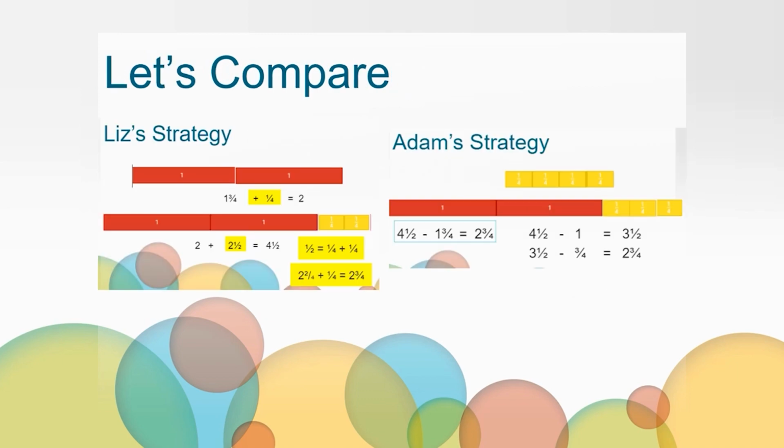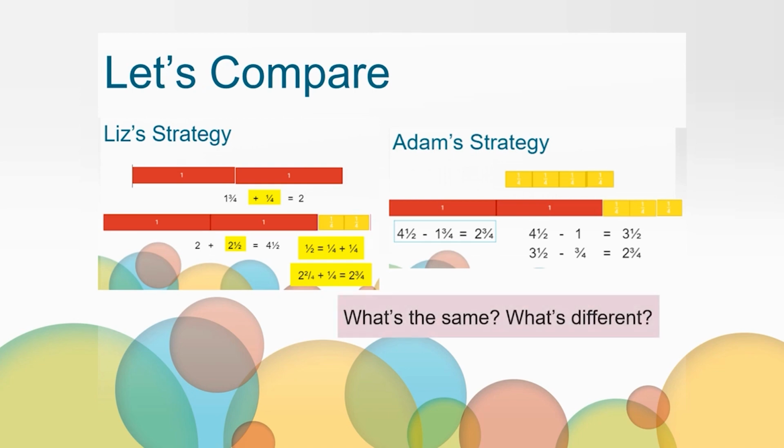Let's spend a little bit of time comparing Liz's strategy with Adam's strategy. What's the same about how both students solve this problem? And what might be some differences?